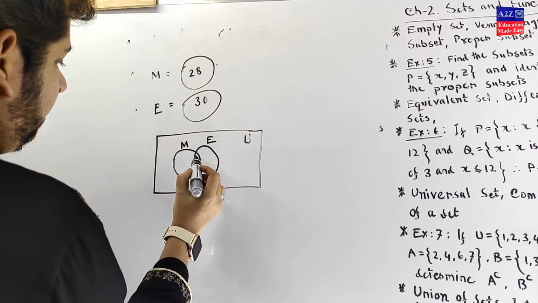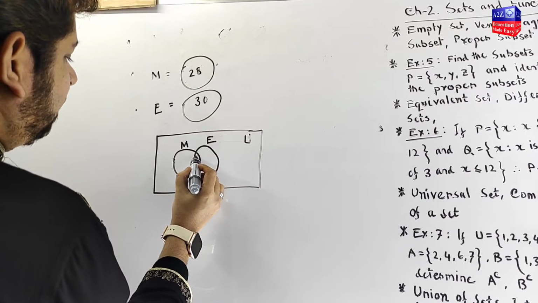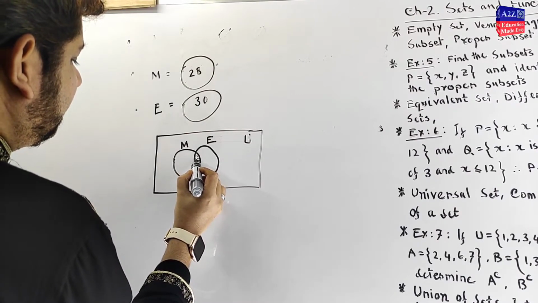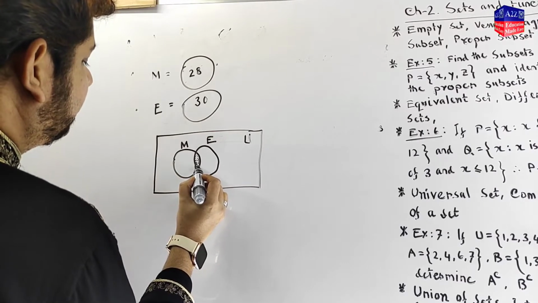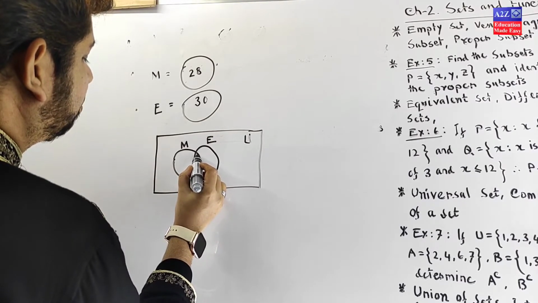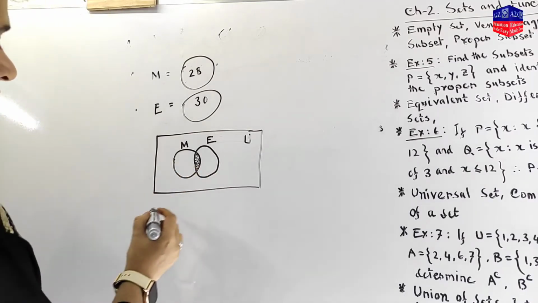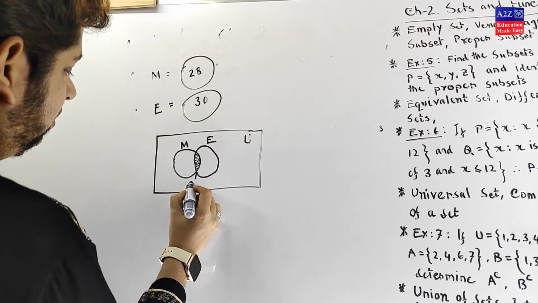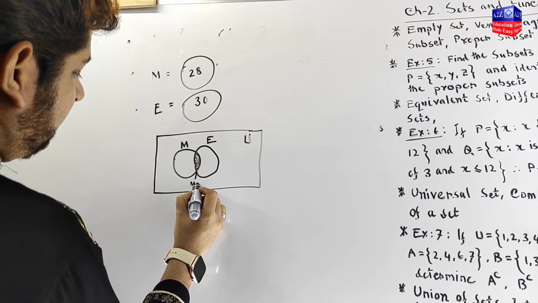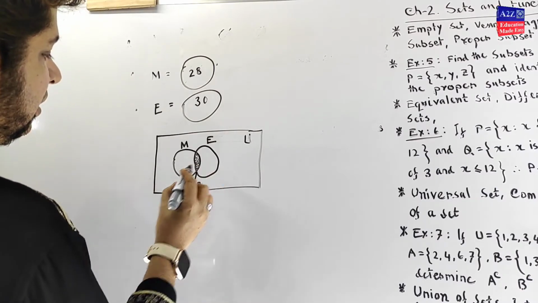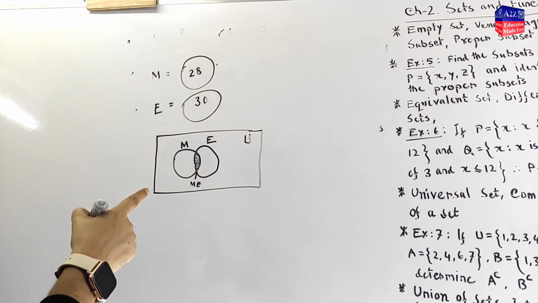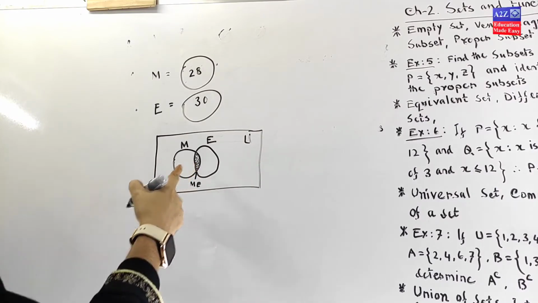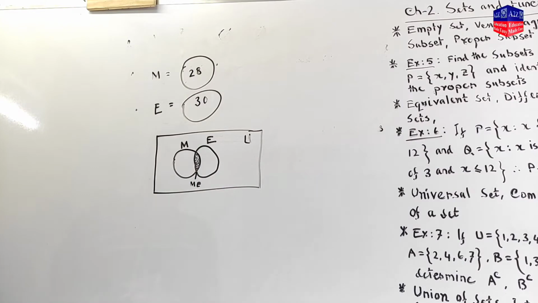And there are some students those who have taken both mathematics and English, and this is basically the portion. This shaded portion is the number of students those who have taken both courses, both maths and English. So this set is represented using these figures. There are one rectangle and two circles, and this is basically a Venn diagram.